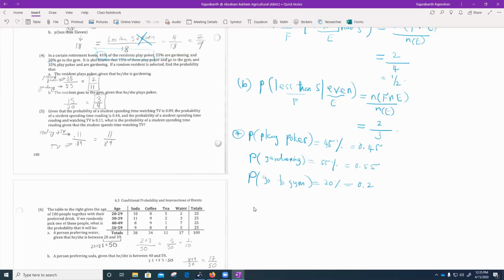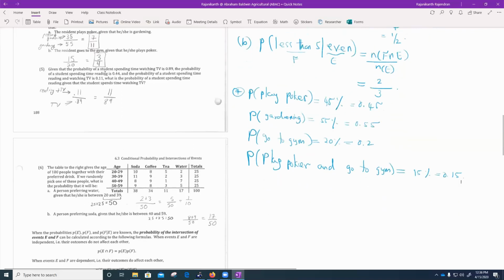It is also known that 15% of them play poker and go to the gym. So 15% of the people do both, right? Play poker and go to the gym. That is 15 percent, that is 0.15.